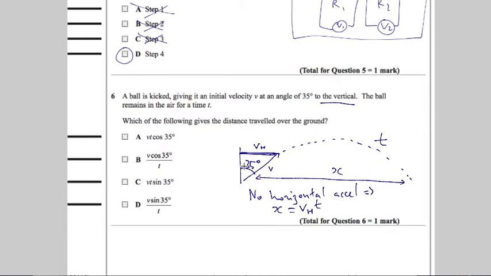So SOH, sine is opposite over hypotenuse. We have the hypotenuse, it's V, so we can write down that sine 35 equals opposite VH divided by hypotenuse V, which tells us that VH equals V sine 35.